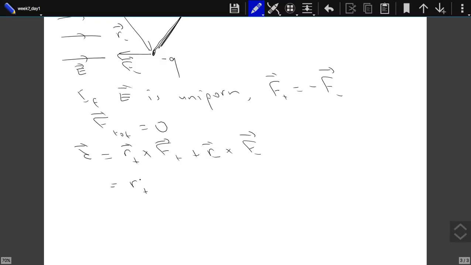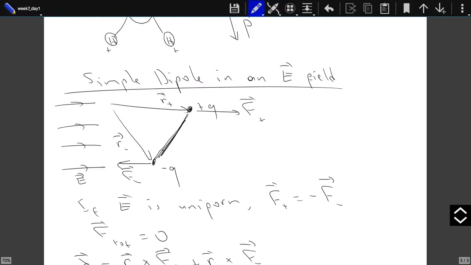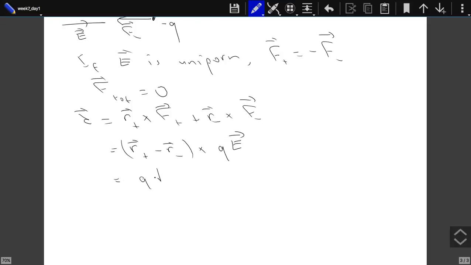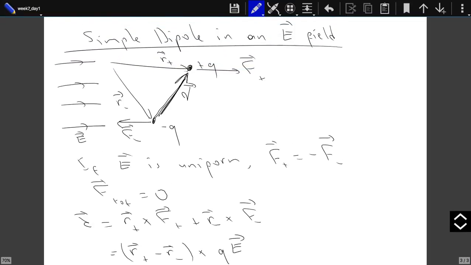So this is equal to R plus minus R minus cross Q times E. Now R plus minus R minus is nothing but this vector over here, D. This is equal to Q times D cross E. But you see, Q times D is nothing but the dipole moment of this system.